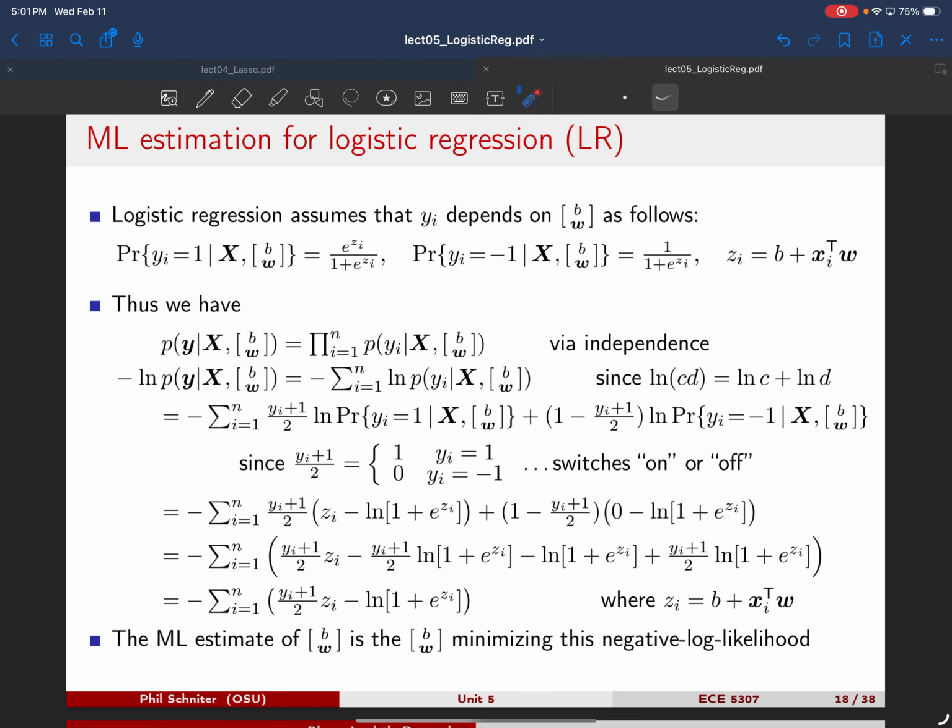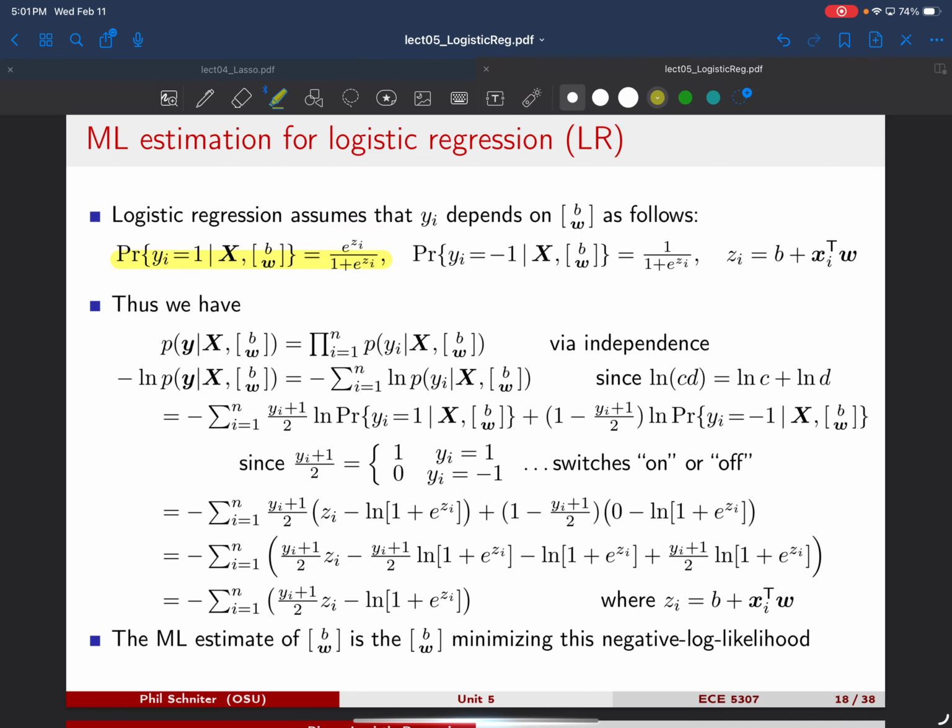Okay, so our model, we actually have to write it with two equations because there's no single equation that describes our model. In the case that the ith target equals 1, this probability is e to the power zi over 1 plus e to the power zi.